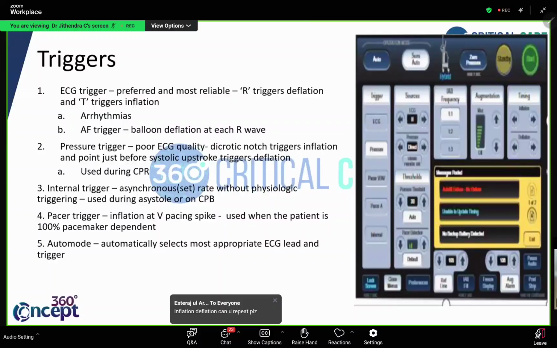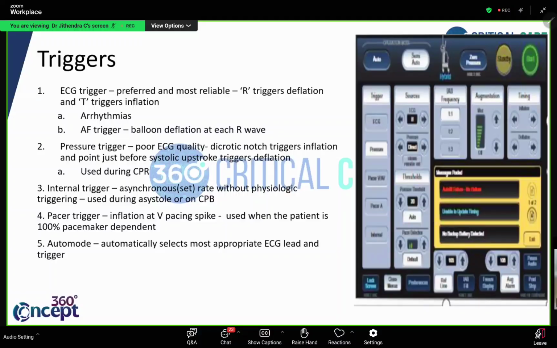So if there are any arrhythmias, what to do? There are some newer consoles which will go ahead even with arrhythmias. Even if there are significant arrhythmias, it can go on. If the patient develops AF, irregular, what to do? No need to worry. Some newer consoles have an AF trigger also. So if the patient was in sinus tachycardia or sinus rhythm till now and suddenly develops AF or some tachyarrhythmia, no need to panic about it.